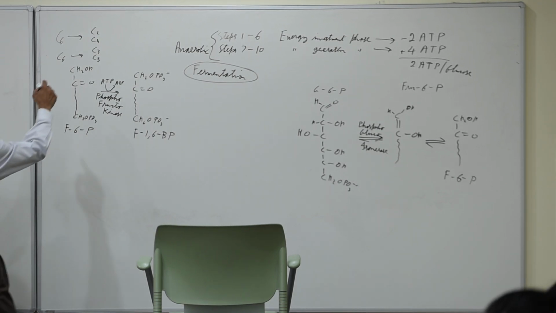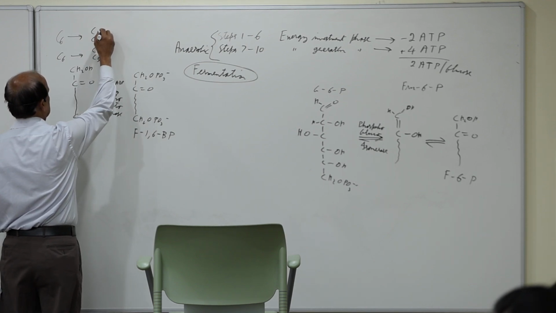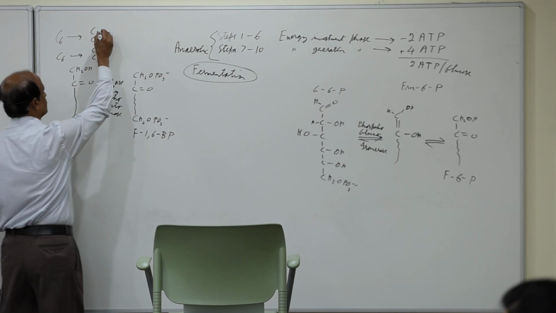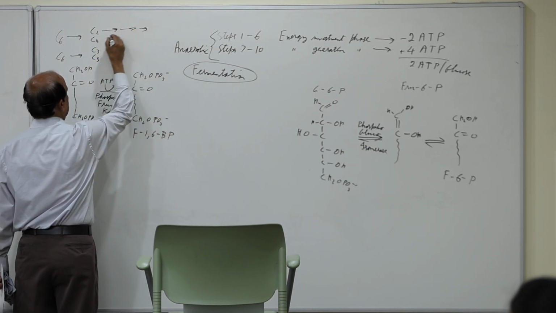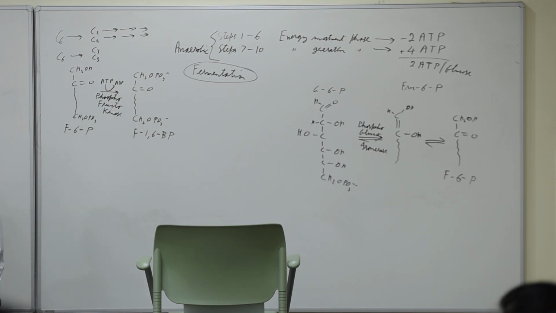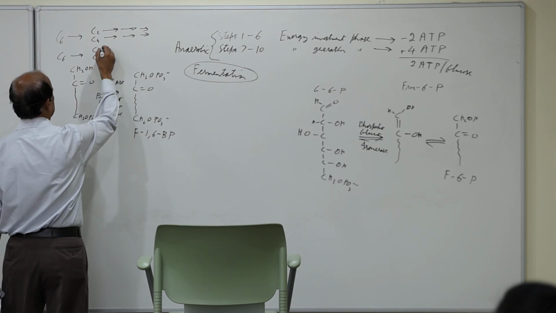If it did break down to C2 and C4, you must have a pathway to deal with the C2 and another pathway to deal with the C4. So you need 2 pathways to get to the end product. So the cell has to design 2 pathways, that means a whole set of enzymes for that. So that's a burden on the cell to have so many enzymes and pathways.